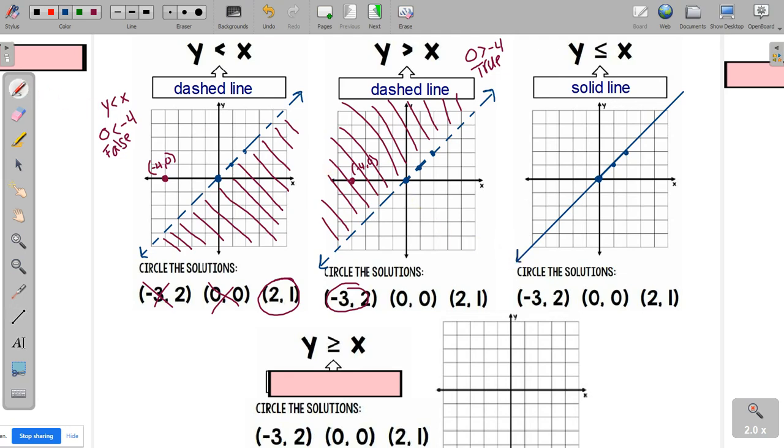And we are going to shade. We can use the same points that we've been using. So -4, 0. So is 0 less than or equal to -4? No. So we're going to shade below the line.